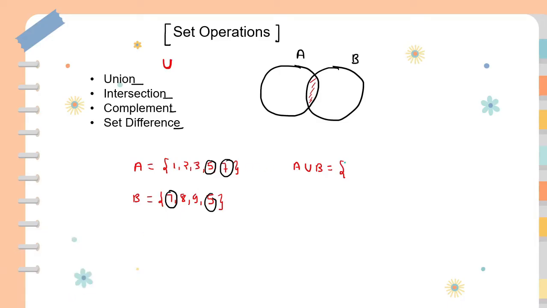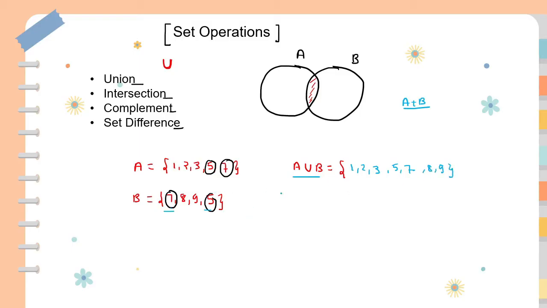So 5 and 7 will be written only once in A union B. A union B is basically A plus B, and we write the common elements of both A and B only once. So A union B will be equal to 1 2 3, and we will include 5 and 7, and we will not include 5 and 7 again from this particular set, and 8 and 9.